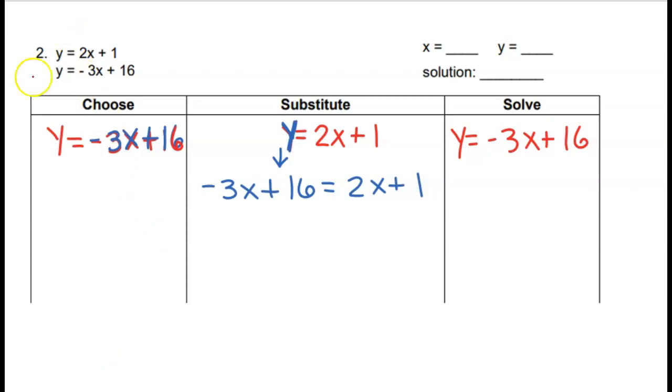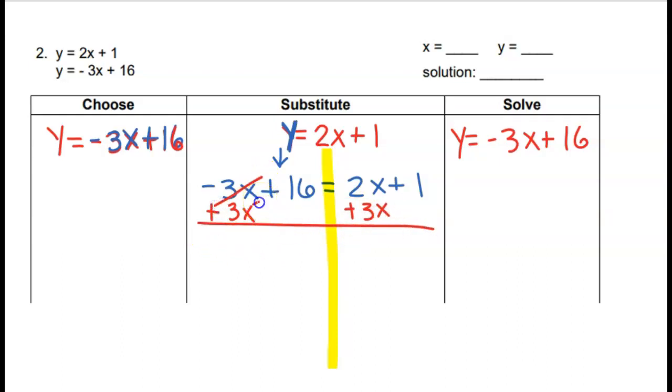To solve for x, I need to get x's together, and they are on opposite sides of my equal sign. So I will need to add 3x to both sides so that I can cancel this out and move the x to that side.